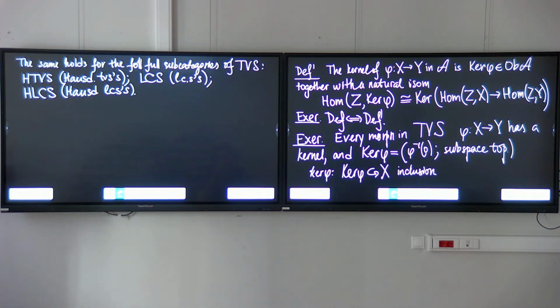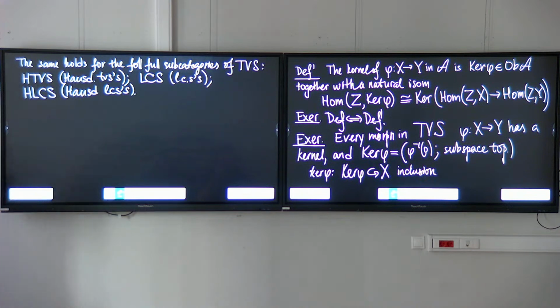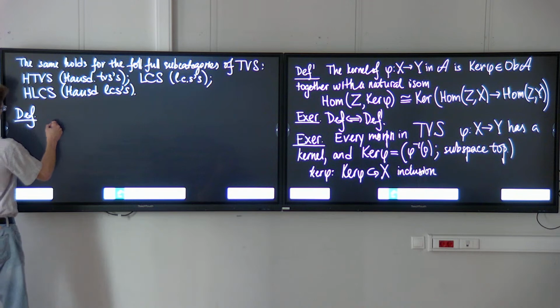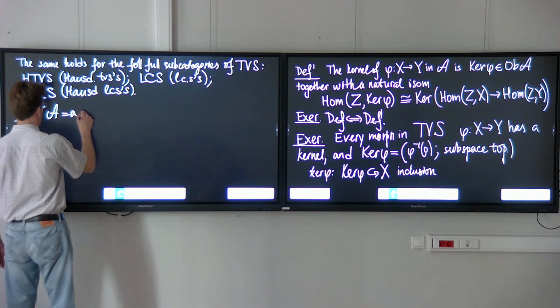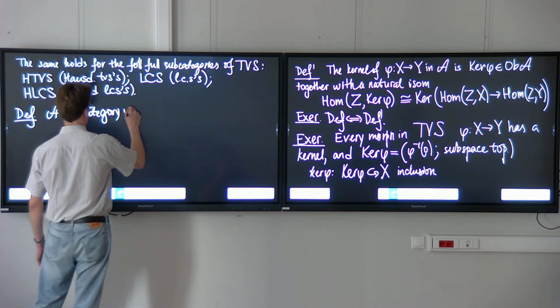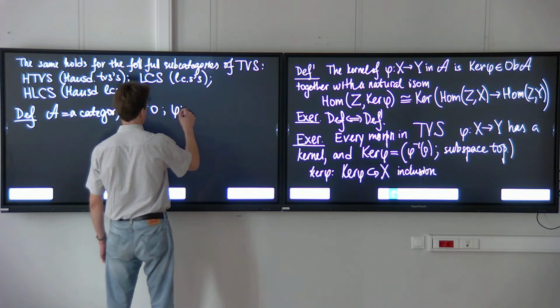Okay, let's now discuss co-kernels in our category. Again, we start with the general category theoretic definition. Suppose that A is again a category with 0 object, and phi is a morphism.